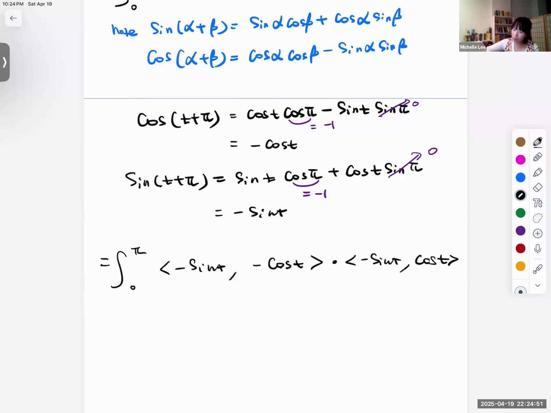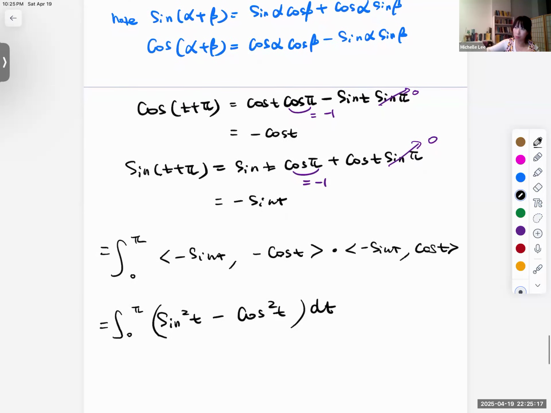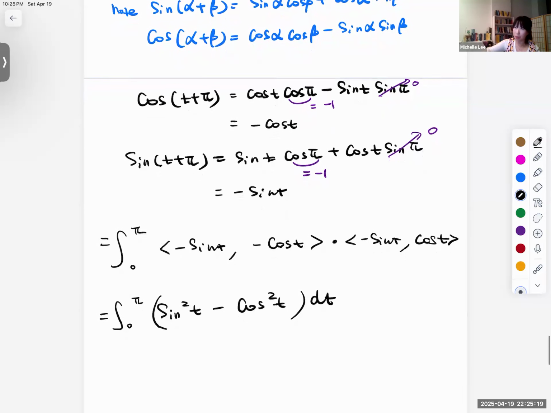Okay. Now we multiply. The first component with the first component is sine square t. Second with the second, but it's negative, negative cosine square t dt. Okay, we want to make a positive one, so maybe we factor out a negative sign.